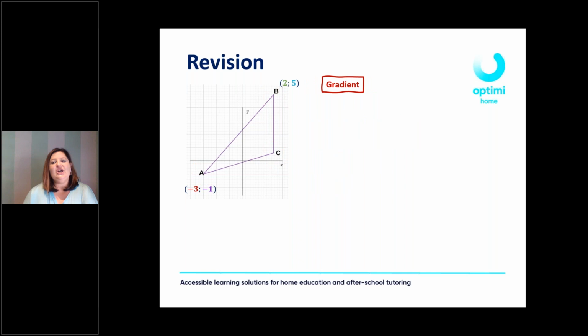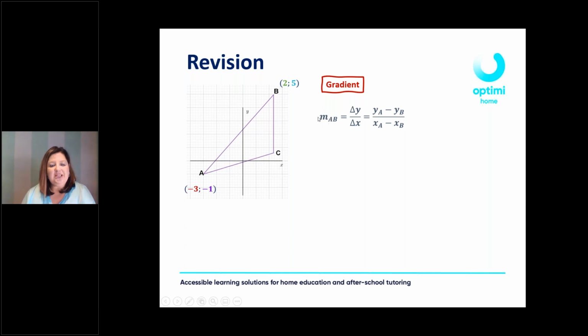Right. So the next thing we're going to look at is the gradient. The gradient of the line is the slope of the line, so how steep or how flat the line is between two points. And I can get that by using this equation. Now I want you to pay attention to the symbol that is used for a gradient.